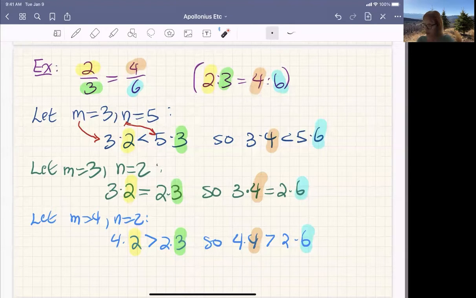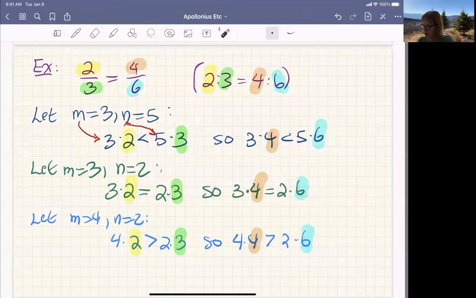Let's choose a different m and n. Now, when I choose m equals 3 and n equals 2, I multiply these numbers by 3 and 2, and they happen to be equal. So 3 times 2 is equal to 2 times 3. Therefore, when I do the same multiplication using the 4 and the 6, I'm also going to get equality. Finally, what if m is 4 and n is 2?